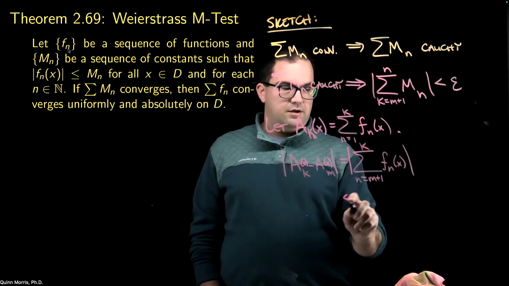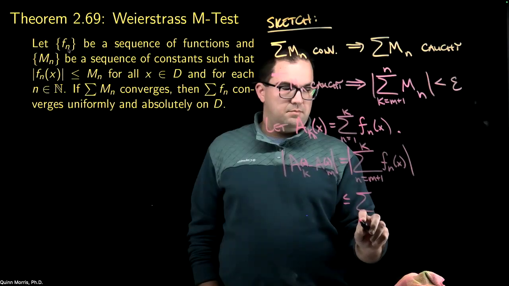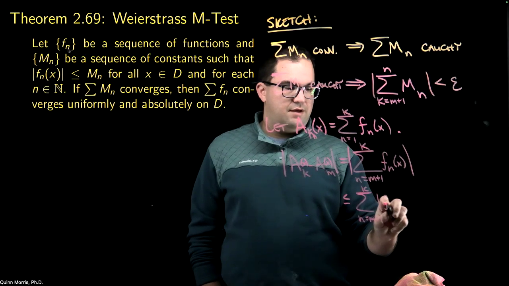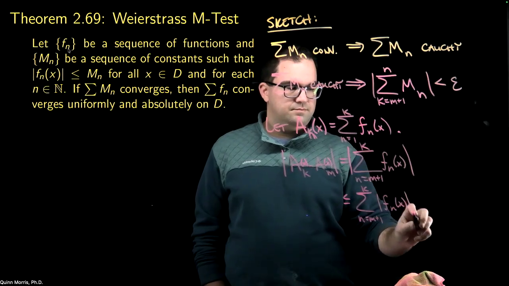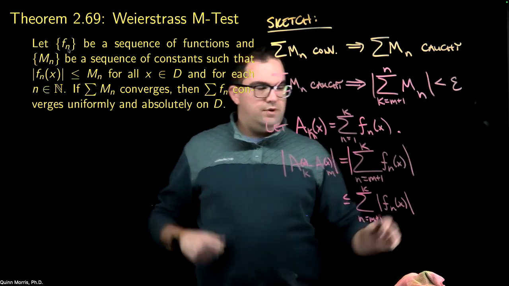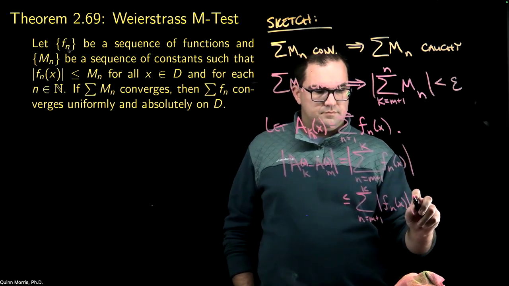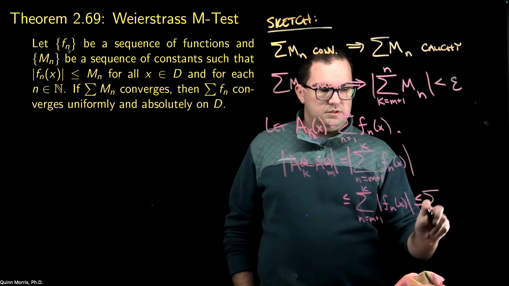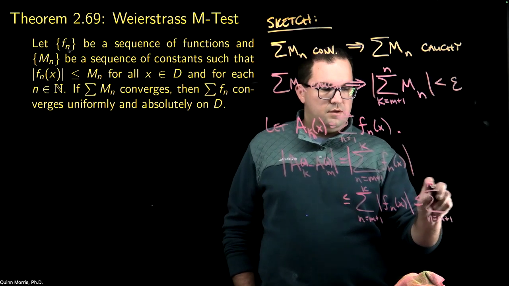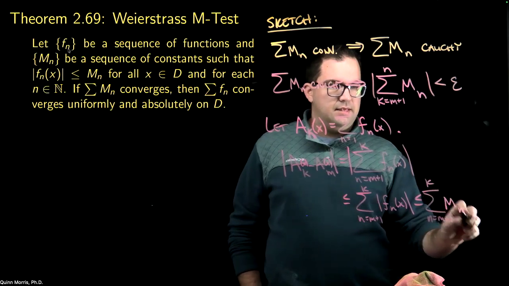And I can apply the triangle inequality here. So this will be at most the sum n equals m plus 1 up to k of the absolute values of f sub n of x. But these, by assumption, are less than or equal to m sub n, so this is less than or equal to the sum n equals m plus 1 up to k of the m sub n's.